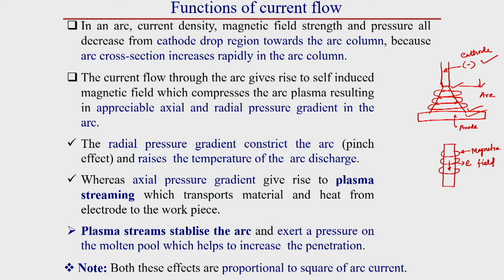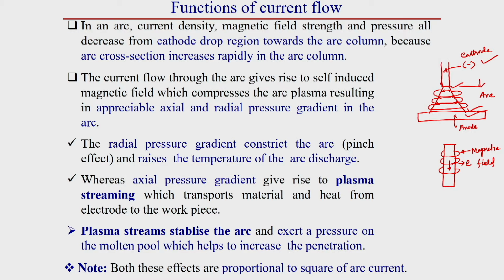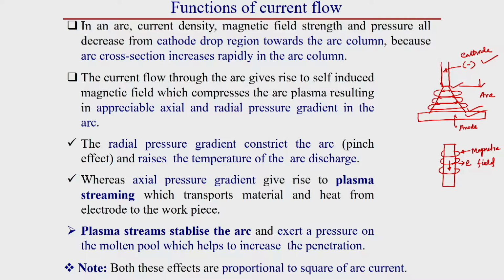This axial pressure gradient is created because the magnetic flux density is not uniformly distributed over the arc length. It varies from the cathode region to the anode region. Due to that, both a radial pressure gradient as well as an axial pressure gradient develop.